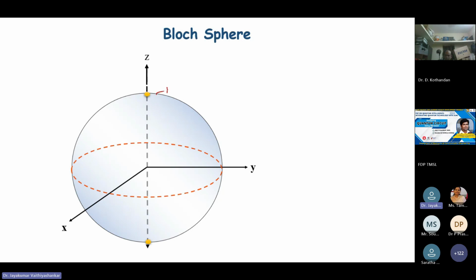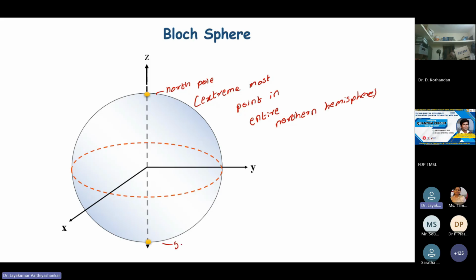So this is the North Pole, the extreme point in the entire northern hemisphere. In the same way, we are taking the South Pole, the extreme point in the entire southern hemisphere.